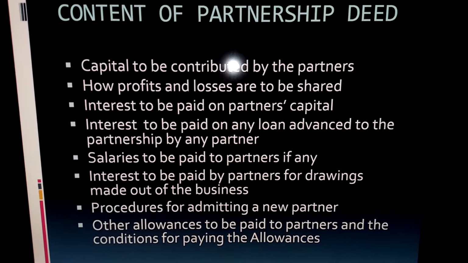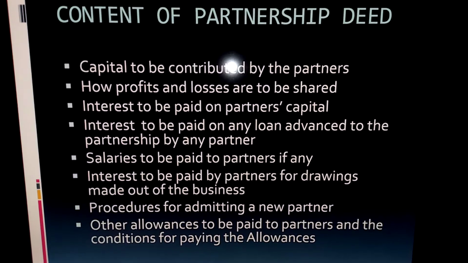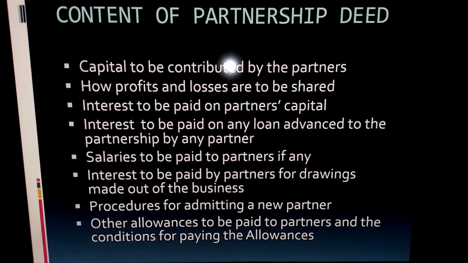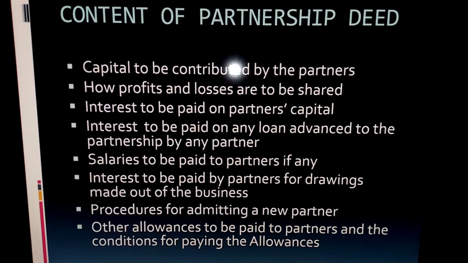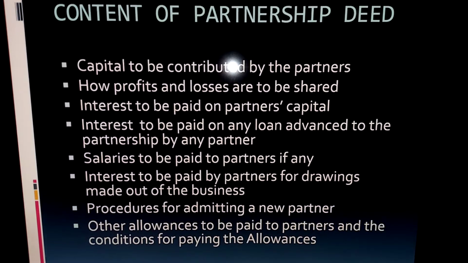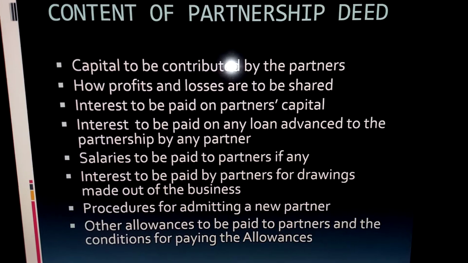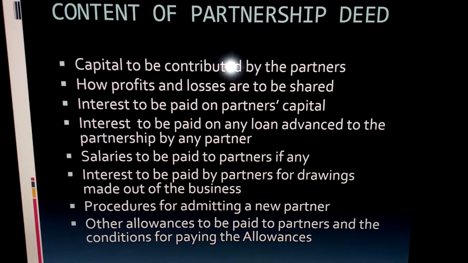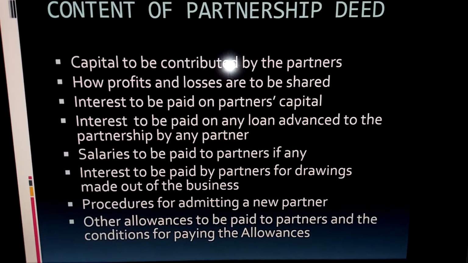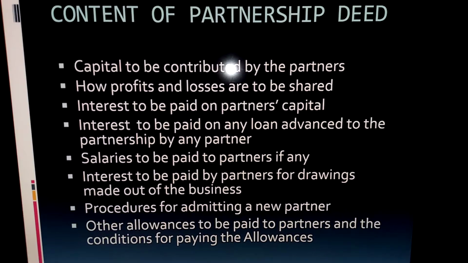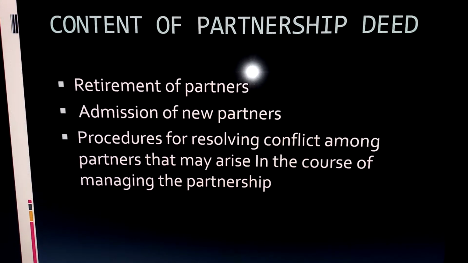You're going to be agreeing on salaries to be paid, on interest to be paid on drawings made out of the business, on how to bring in new partners if you have to, and on any other allowances that should be paid to partners. You have various other contents, such as the procedures of sorting out conflicts among partners, and procedures of retirement if a partner has to retire. So these are basically the contents of the partnership deed.